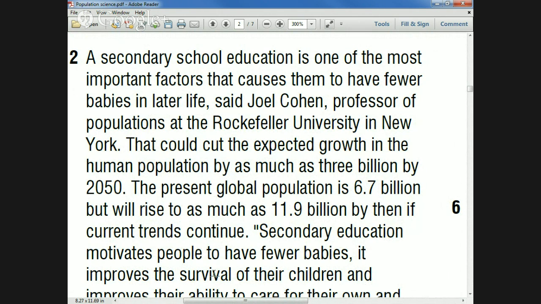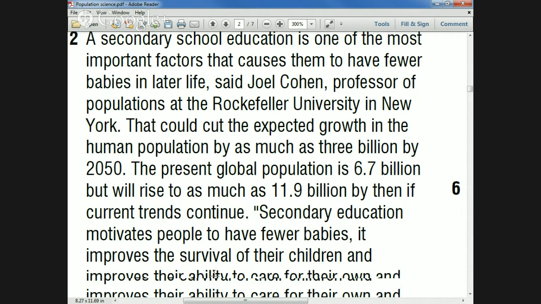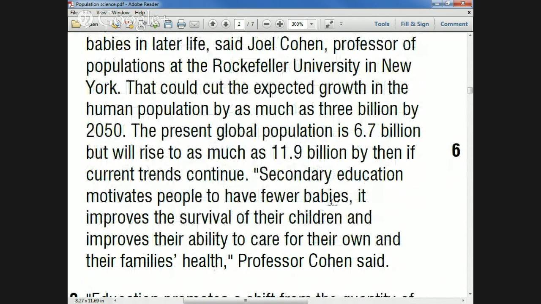The present global population is 6.7 billion, but will rise to as much as 11.9 billion by then if current trends continue. Secondary education motivates people to have fewer babies. It improves the survival of the children and improves their ability to care for their own and their families' health, Professor Cohen said.